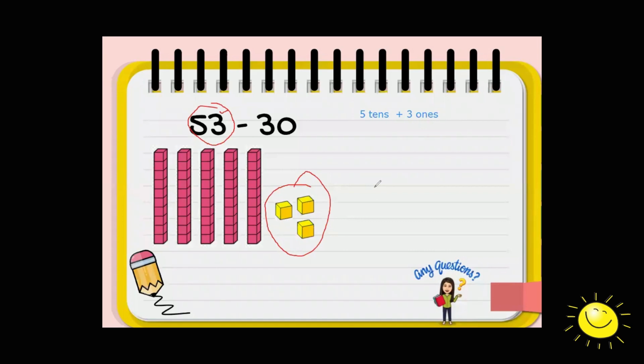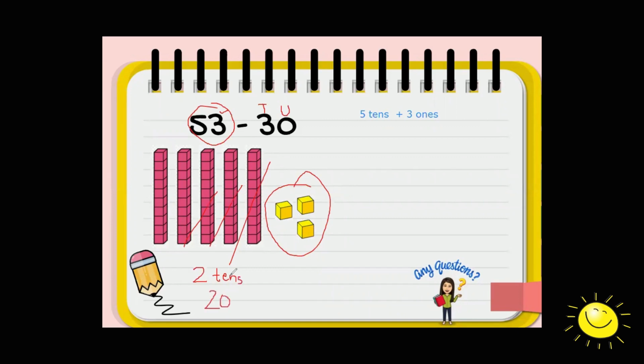Now let's take away 30 from 53. So how many tens are here? 3 tens. And how many units are here? No units. So we have to take away 3 tens. 1, 2, and 3 tens we have taken away. So how many are remaining? We can say 2 tens are remaining, or we can say 20 is remaining, right? 2 tens or 20. It is the same thing.